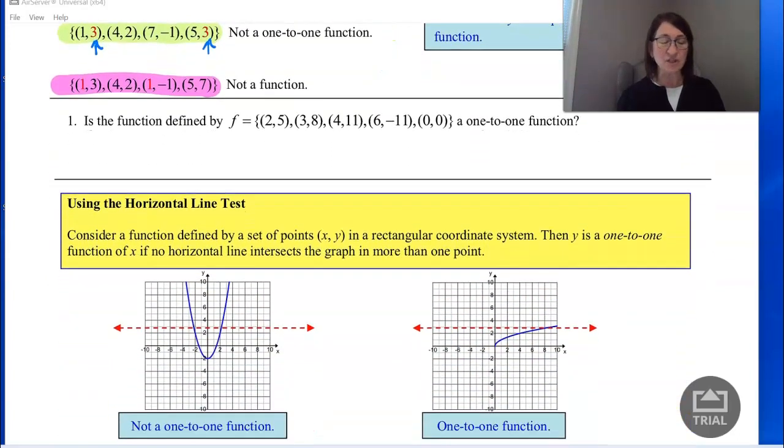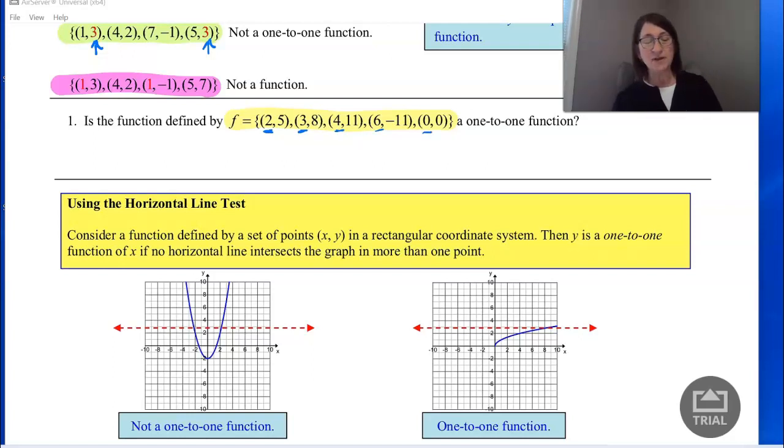So let's look at this example that we have here highlighted. Whoopsie. I meant to highlight that, not draw a line through it. So I've got this highlighted in yellow, and I want to figure out if it's a one-to-one function. So I'm first going to look at my x's, and I see that they are all unique.